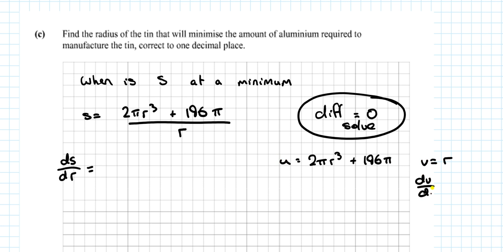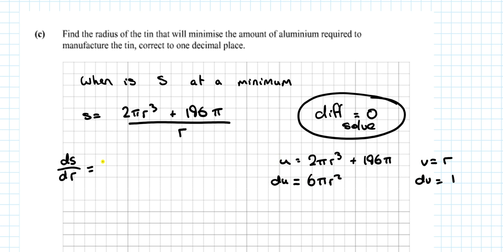dv is equal to 1, differentiating r in terms of r you get 1, and du is 6 pi r squared plus, differentiating this, there's no r's so it's just going to go to 0.